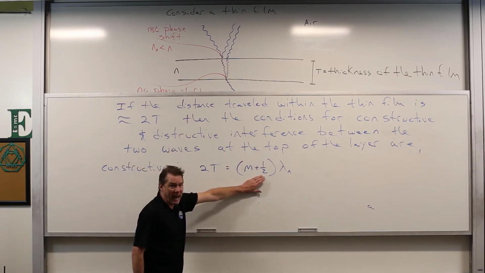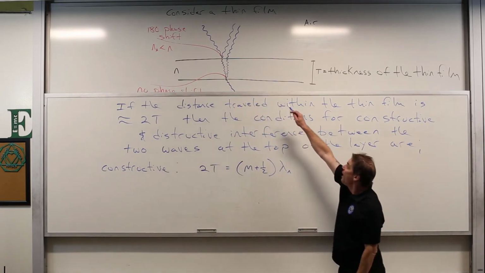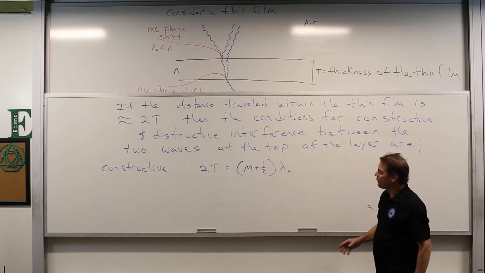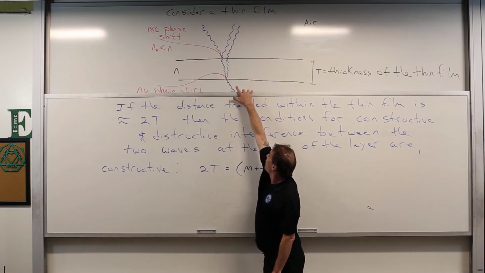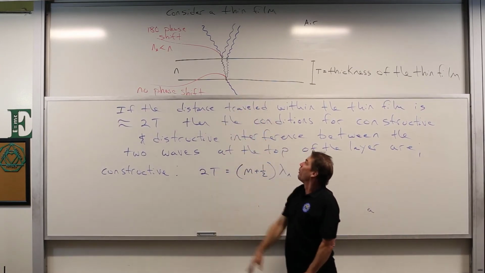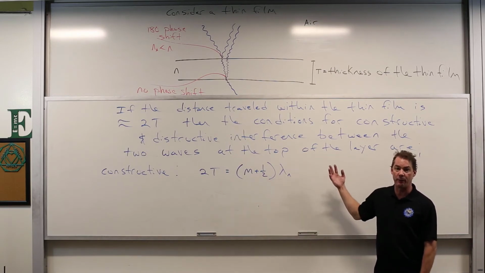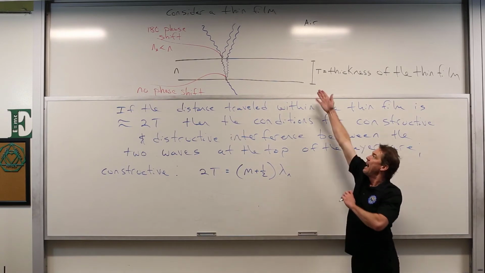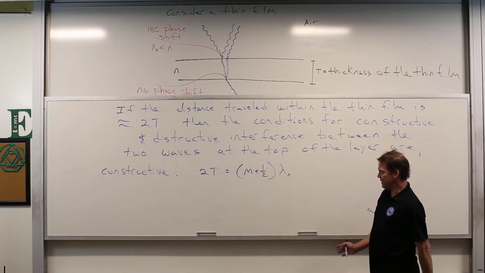Why do we want this 1/2 here? Because that top reflected wave already underwent a 180-degree phase shift. So we need effectively that the number of oscillations of the wave within the material is an odd half integer multiple of the wavelength itself, so that when it exits, it's in the same phase as the primary reflected wave itself.